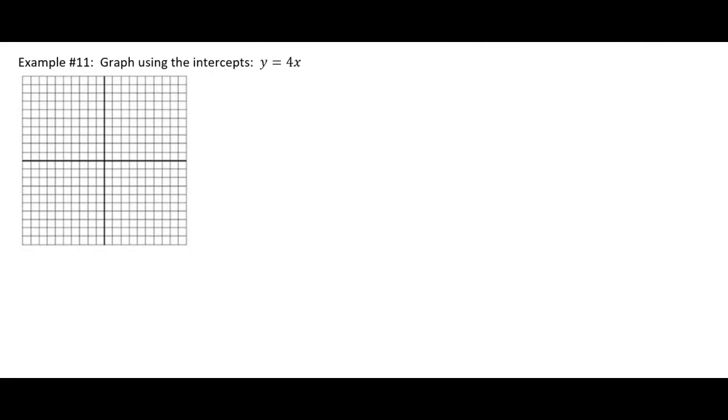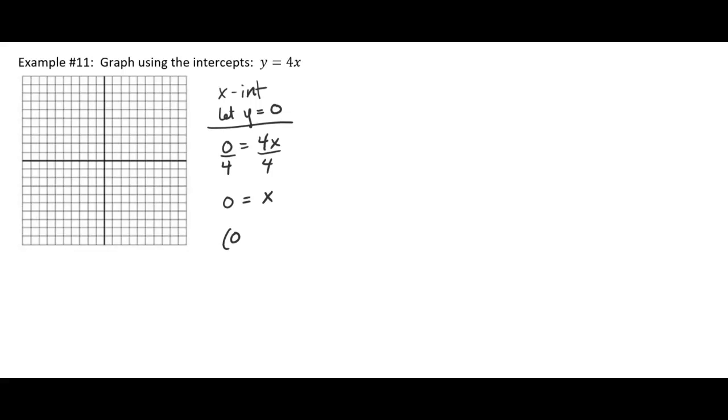Graph using the intercepts. This time we have y equals 4x. So when I do the x-intercept, I'm letting y be 0. So 0 equals 4x. Divide both sides by 4, and I get 0 equals x.